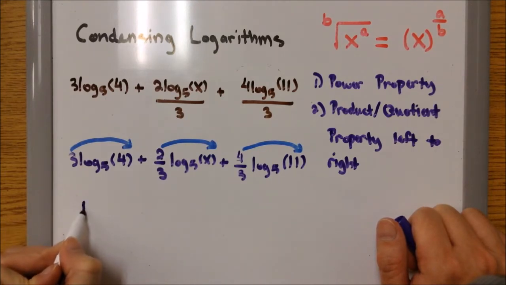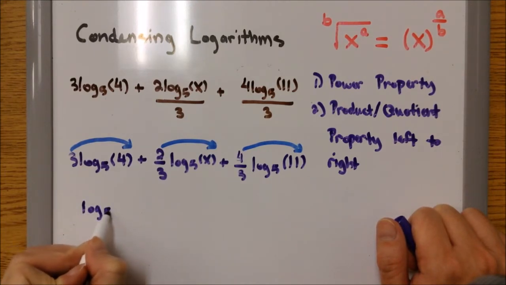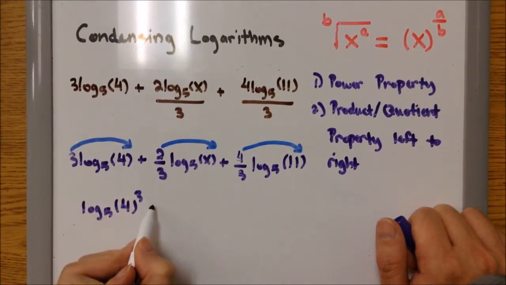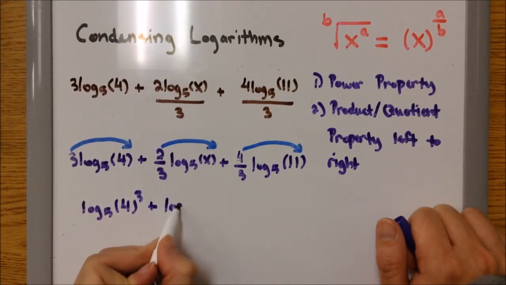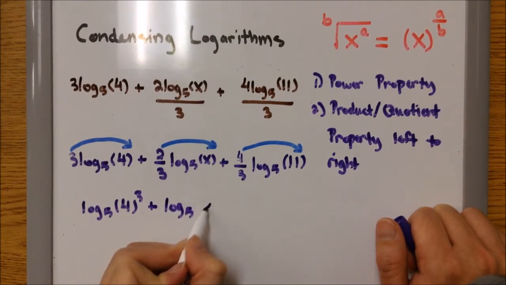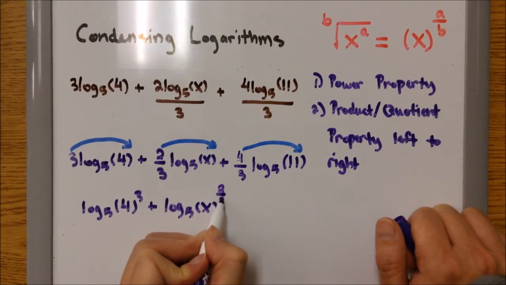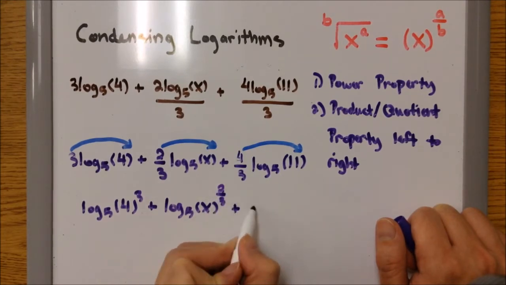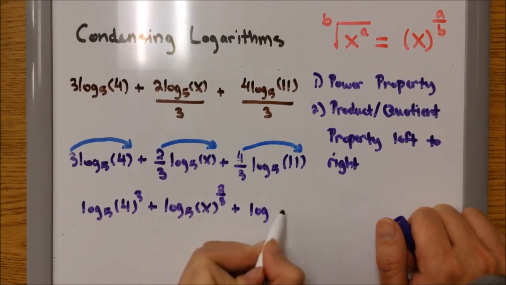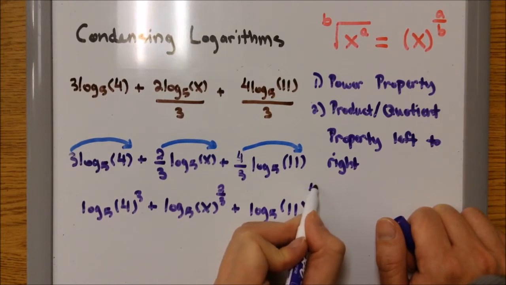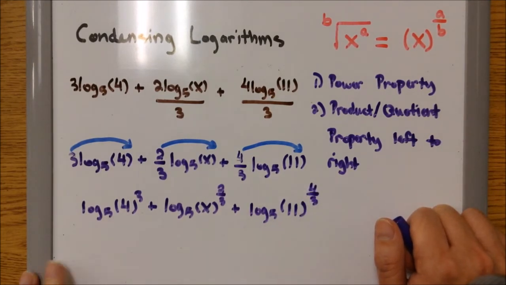So log base 5 of 4 to the third power plus log base 5 of x to the 2/3 power plus log base 5 of 11 to the 4/3 power.